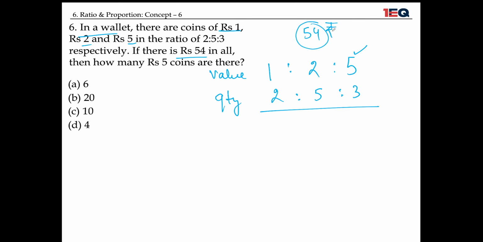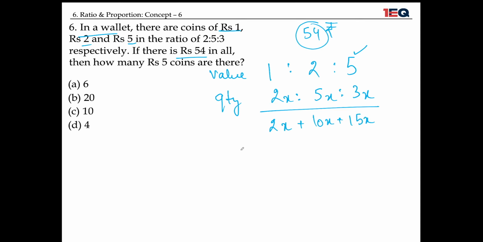This is an important point to focus on. Let me assume all of them to have a quantity of x. Then the values are 2x, then 10x, and then 15x.